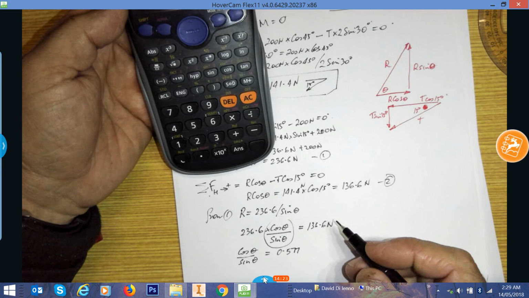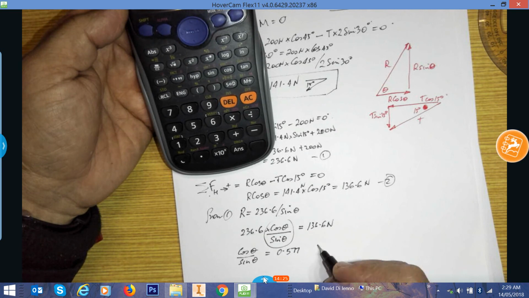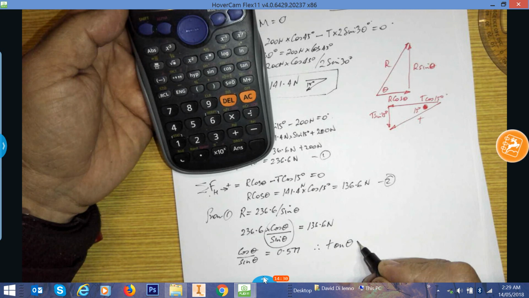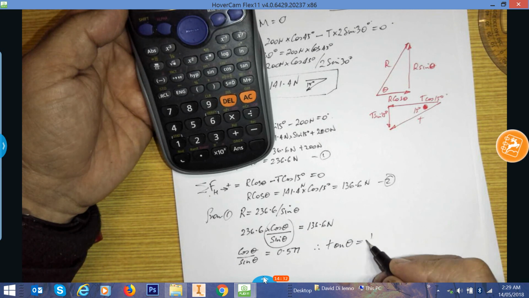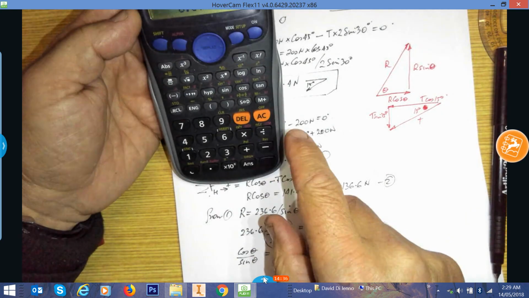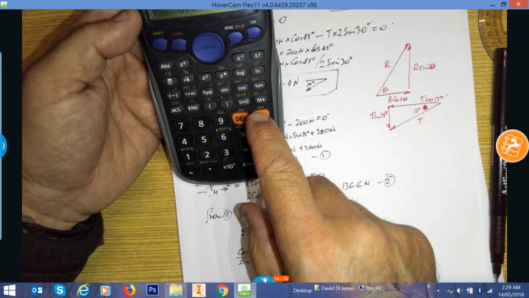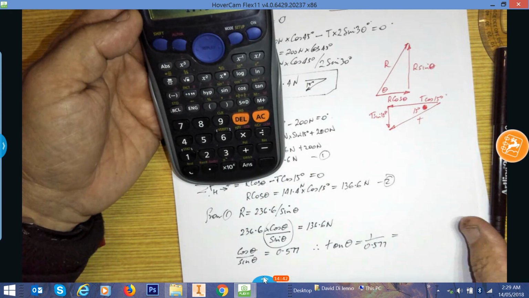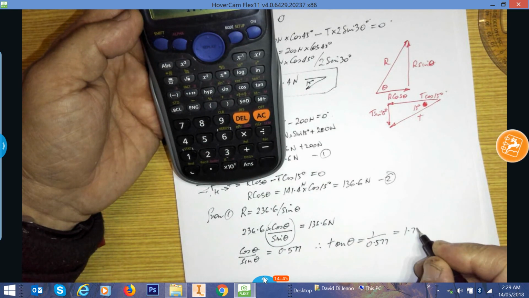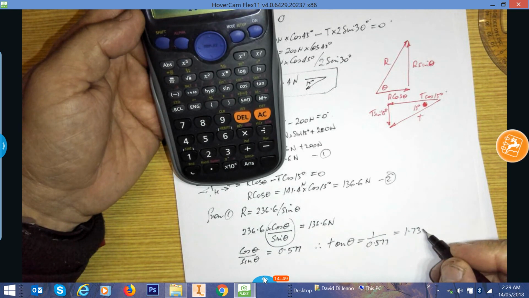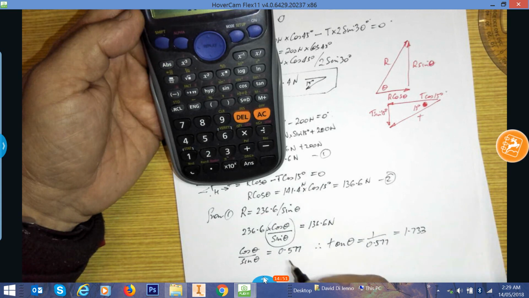Flip the whole thing around so that tan of theta is going to equal 1 over 0.577, which is going to equal 1.733, keeping to 3 decimal places.